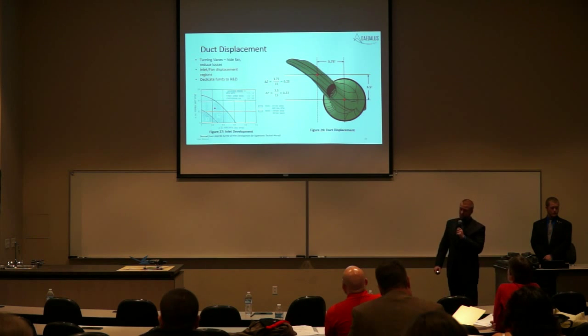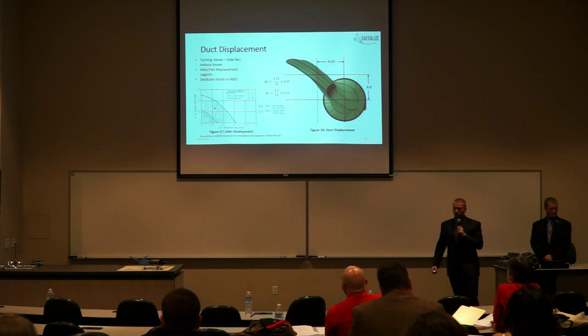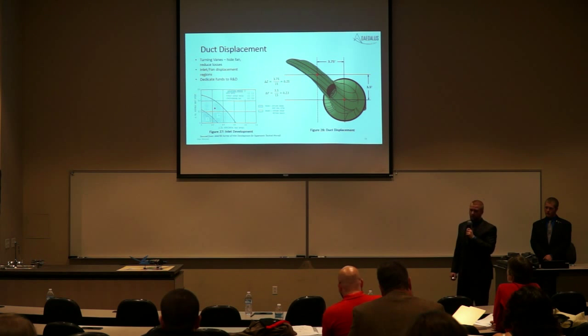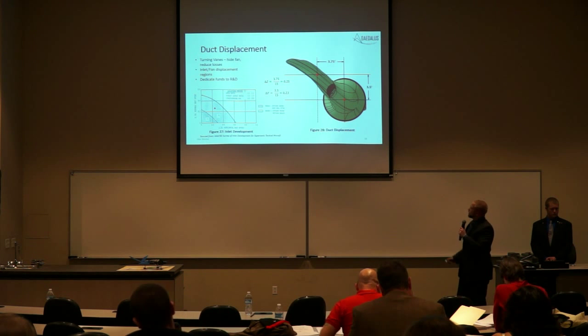This plot on the lower left is from the Survey of Inlet Development for Stealth or Supersonic Tactical Aircraft. Region 1 being a displacement ratio that has well-verified diffuser methods, Region 2 being questionable and Region 3 being non-existent.